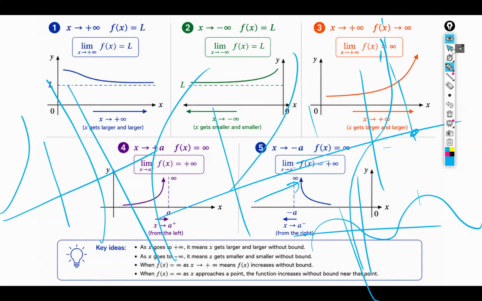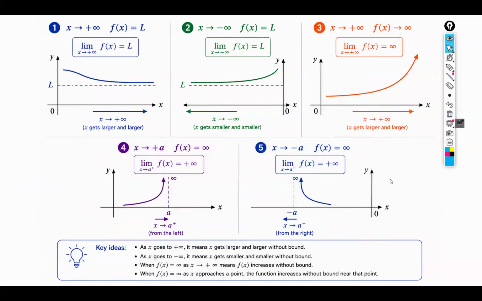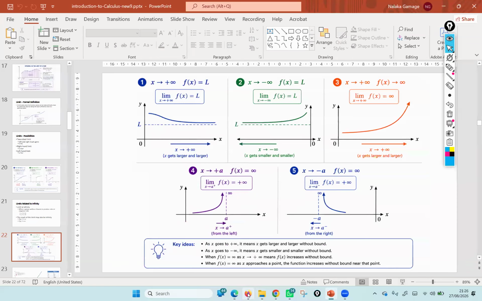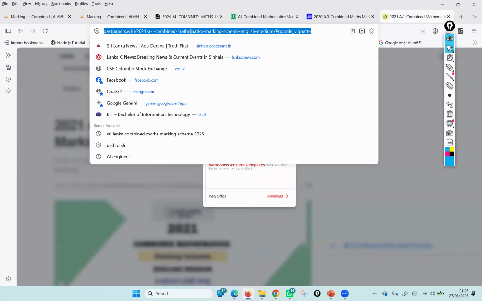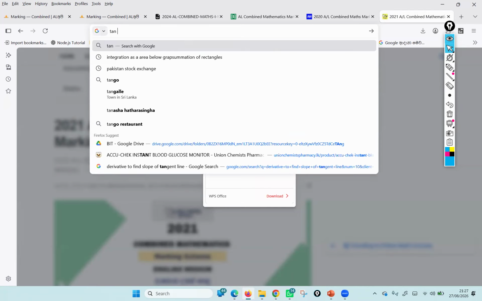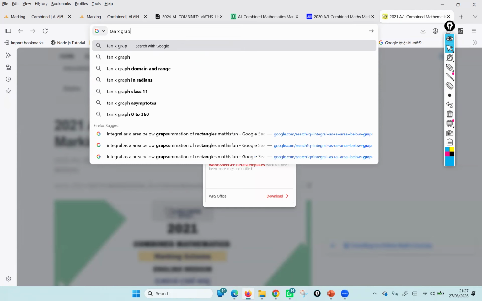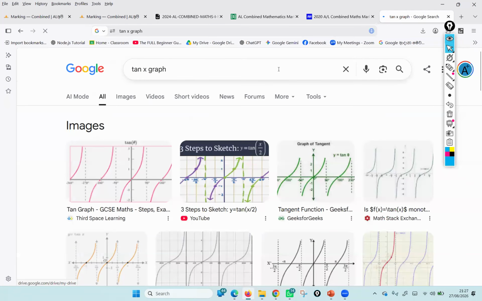So this is to give you more comfort and confidence, not to scare you. Mathematics is all about building people who can handle complexity, right? Say tan x, you see, it's going towards infinity, but again, coming from minus infinity, going towards infinity, coming from minus.